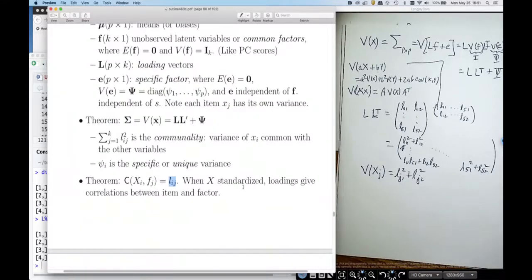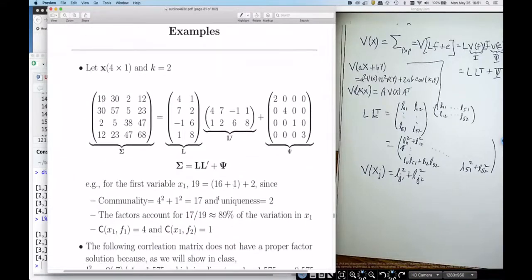All right, let's go look at a specific example. This is a covariance matrix. It is not a correlation matrix. The reason we know it's not a correlation matrix is because the diagonal elements are not ones. Remember, correlation matrices have a diagonal of 1, and everything off diagonal has to be between -1 and +1.